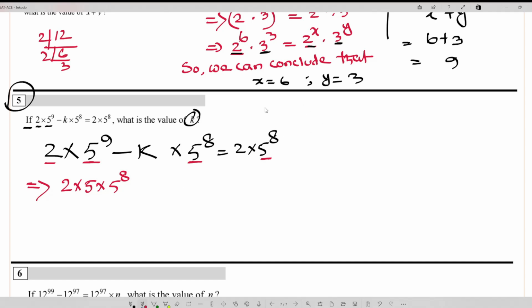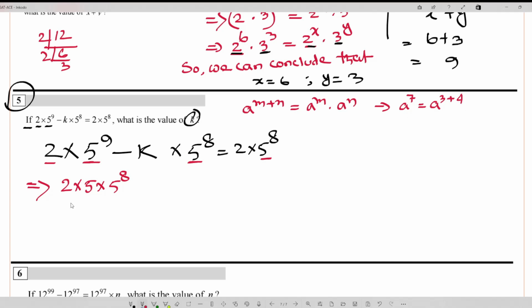Because we know a to the power m plus n means a to the power m times a to the power n. Suppose a to the power 7, we can write a to the power 3 plus 4, right?